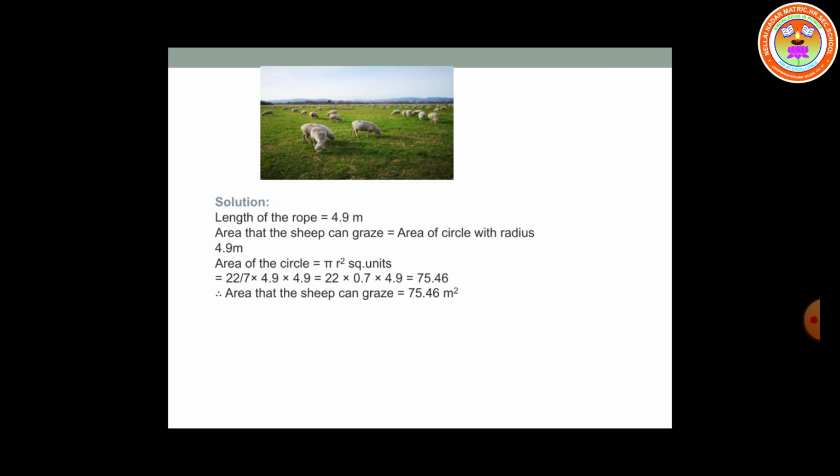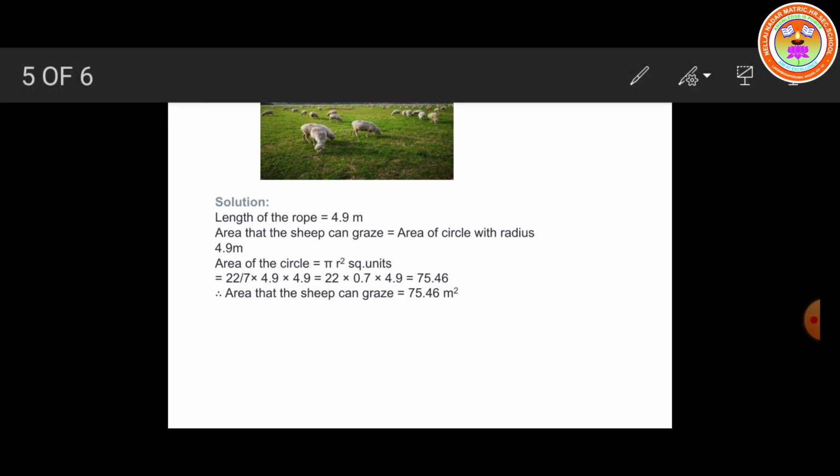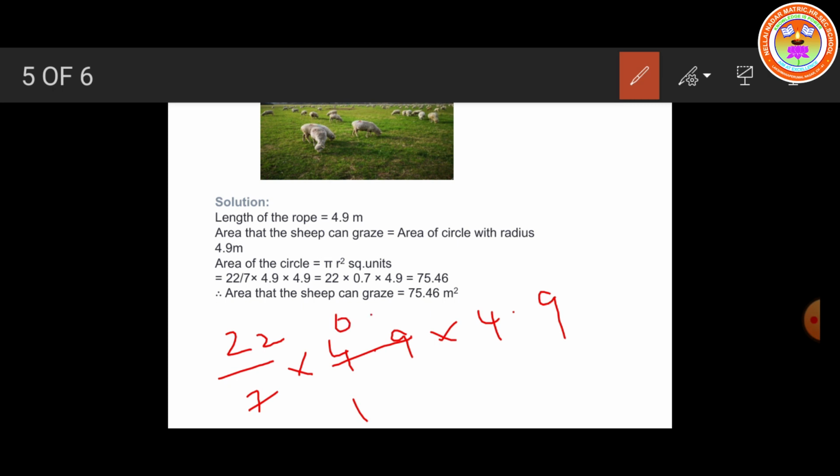Then 22 by 7 into 4.9 into 4.9, we have to multiply. How do you find that? 7 ones are 7, 7 sevens are 49. 4.9 you have to write as 0.7.